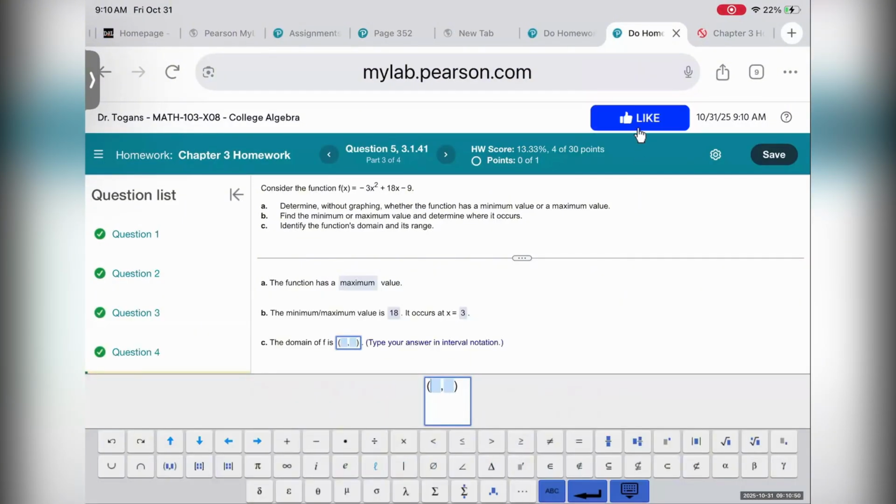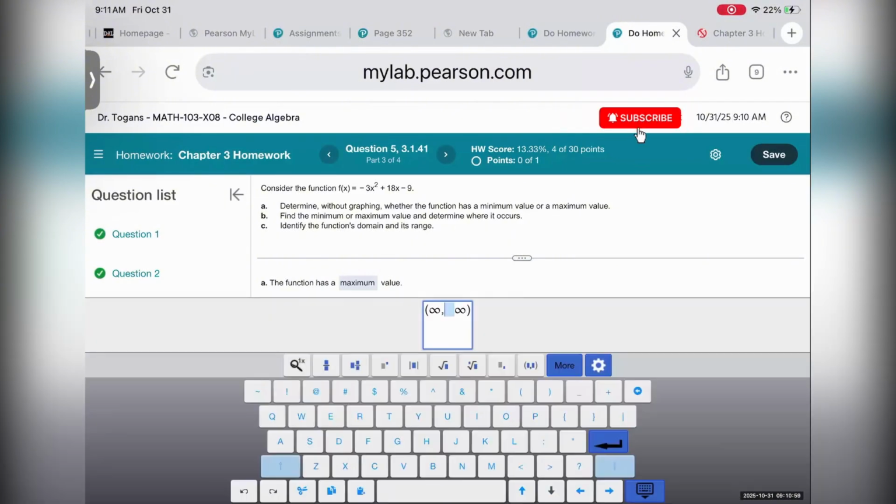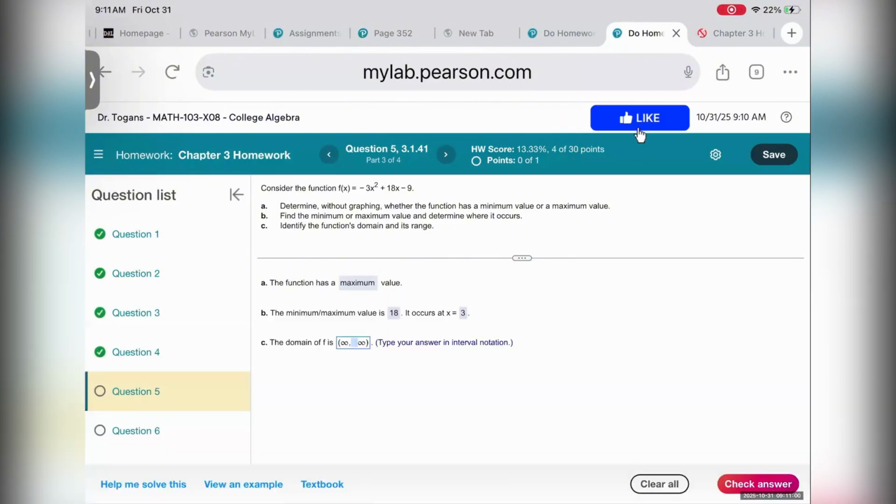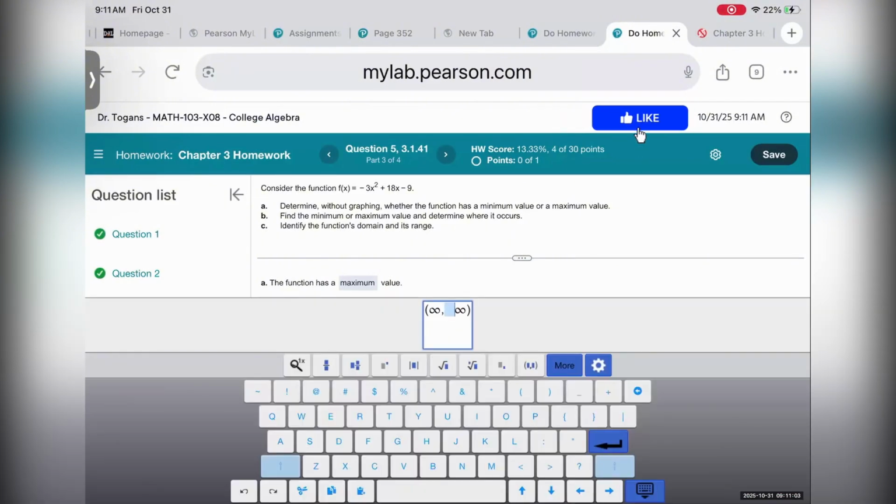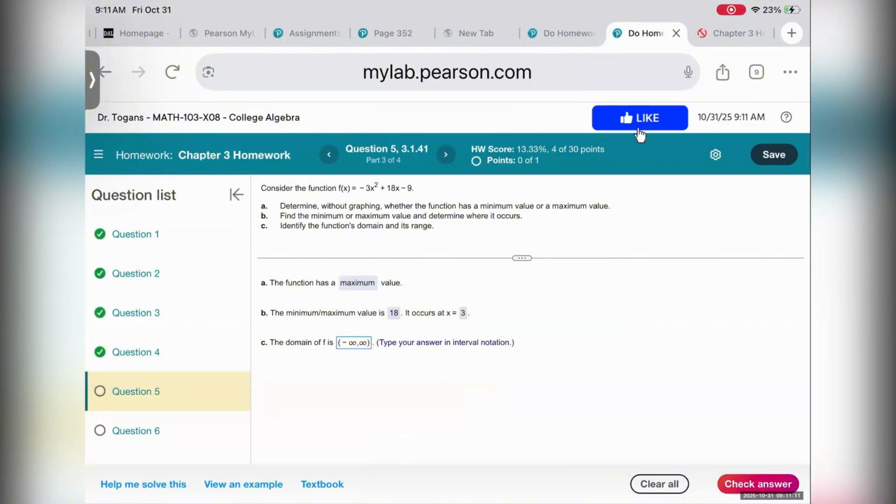The parent function, f of x equals the square root of x, and f of x equals 1 over x. They both have restrictions. So those will not be all real numbers. Because this cannot be 0 and this cannot be negative. So you can't put any number in there.